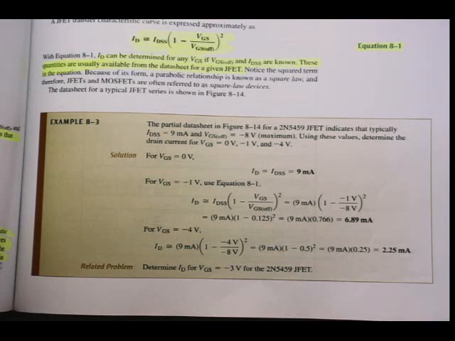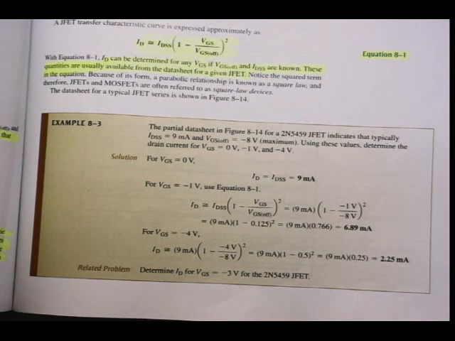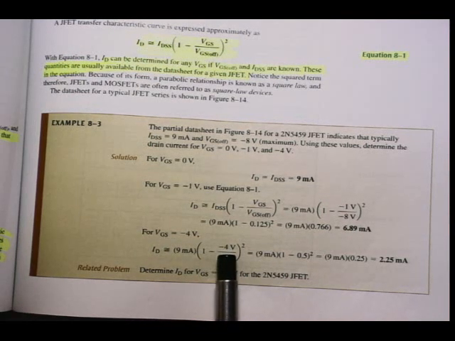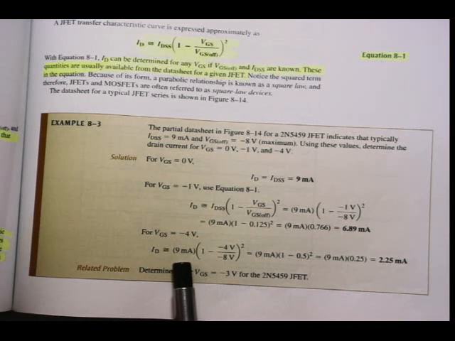So, for VGS of 0, I know ID is equal to IDSS, which is 9 milliamps. Just put the values in the formula. At -1, I can see that ID will be equal to 6.89 milliamps. For VGS at -4, you can see that the value of VGS is now placed in there, -4 divided by the -8 volts, which has been given for VGS off, and 9 milliamps.